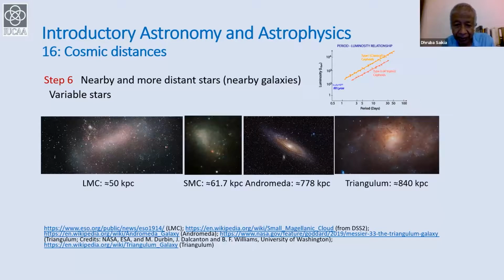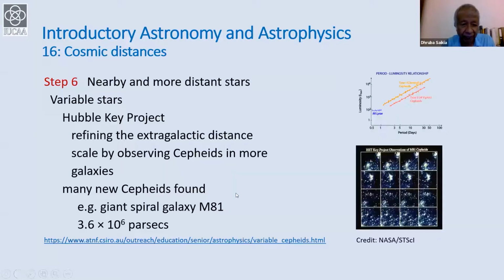So these were just pictures of some of the galaxies where Cepheids were identified, and from a calibration of the luminosity period relationship, the distances could be extended using the period luminosity relationship to further and further galaxies. And this continues to be one of the very important areas of research.